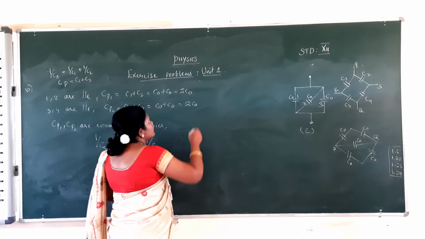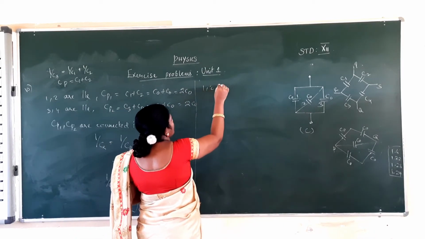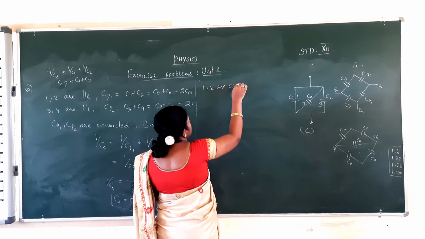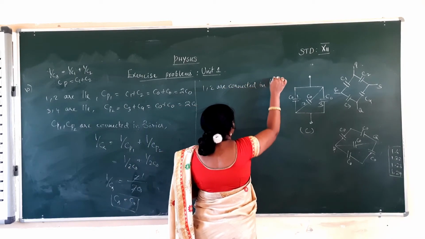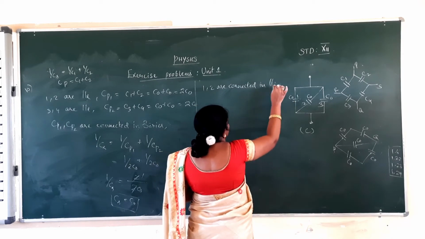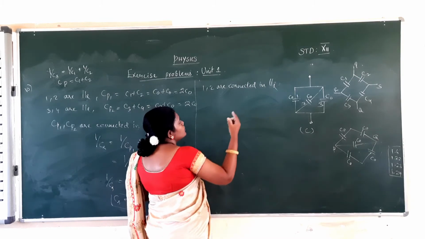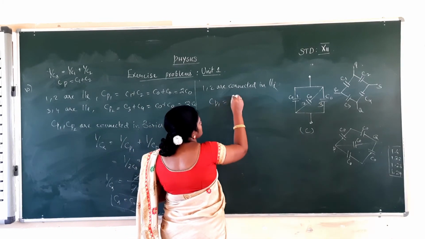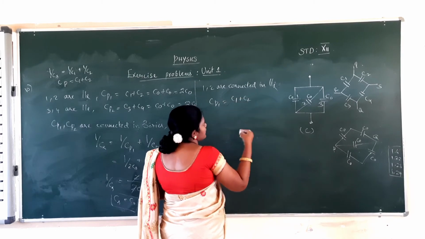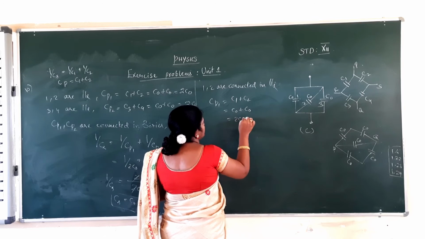So 1 and 2 are connected in parallel. Parallel means CP1 is equal to C1 plus C2, so C0 plus C0 is 2C0.